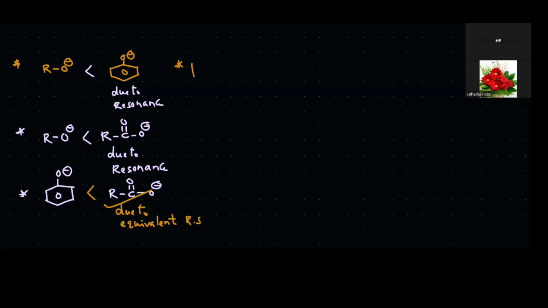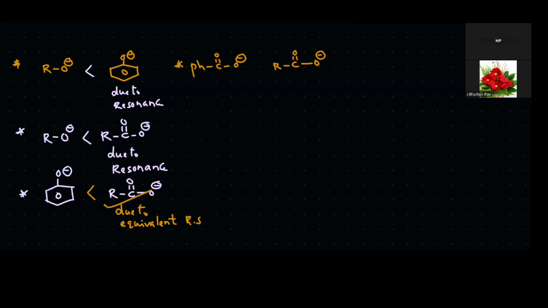PhC double bond O minus and RC double bond O minus. Now, in these cases, which one is more stable? How to identify that? Here the R group is present, here the Ph group is present. Now this one gives some more resonating structures than this one.